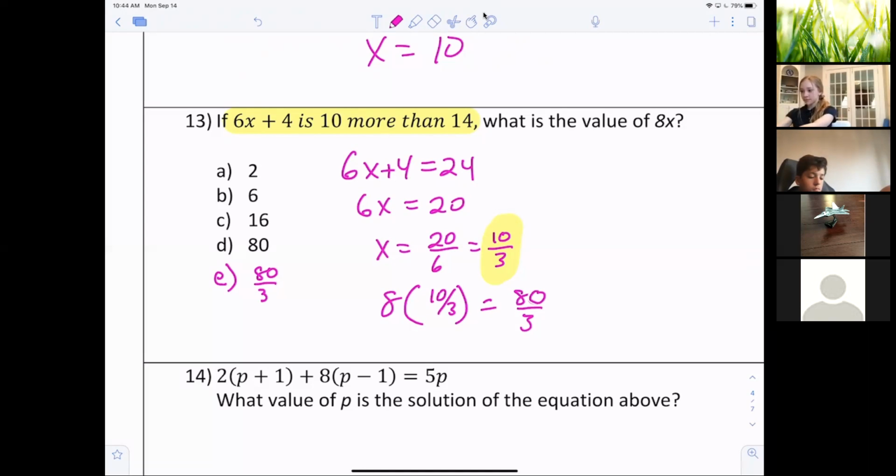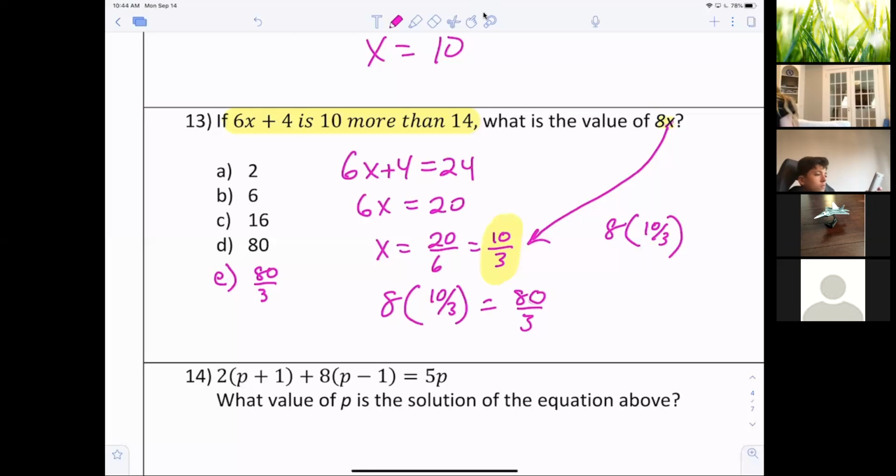I don't really understand why 8 times 10/3 by 8x. I multiplied 8 by 10/3. Same thing. No, it's not actually. The question is, what is 8 times x? That's what the question is. So we found x to be what? 10/3. So I need 8 times 10/3. That's the answer. You agree with that now, right?